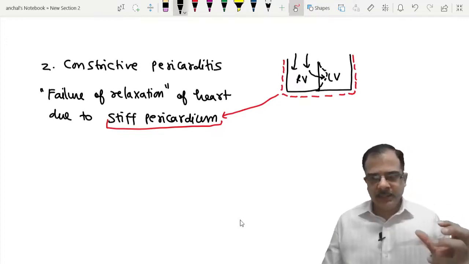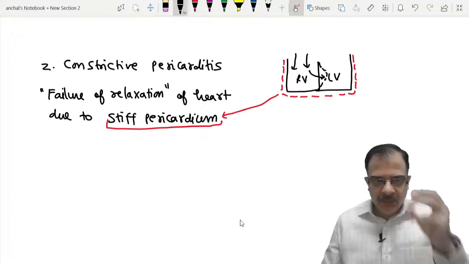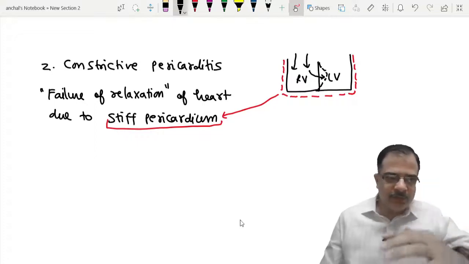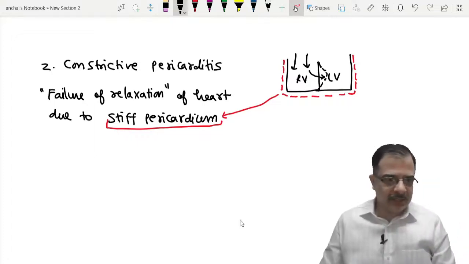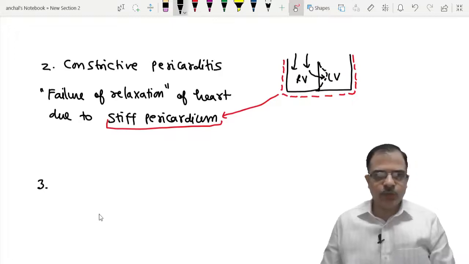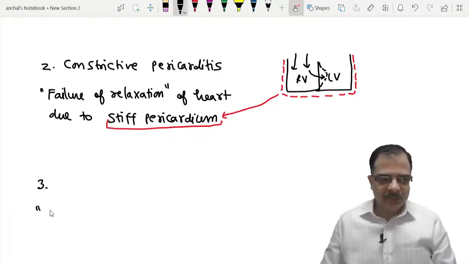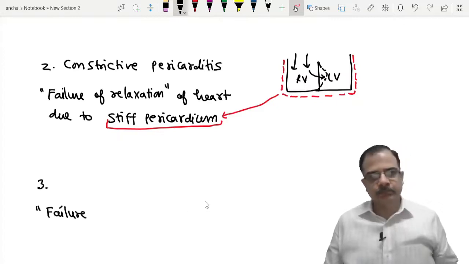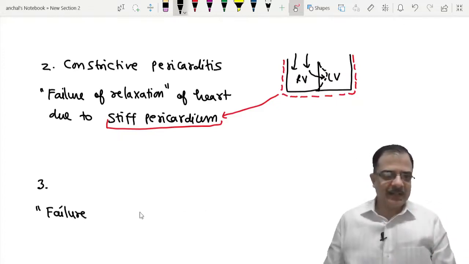Understand these pathologies carefully, because they will come in subsequent parameters also. Now identify what this is. Exactly the same pathogenesis as constrictive pericarditis, but the layer is different.